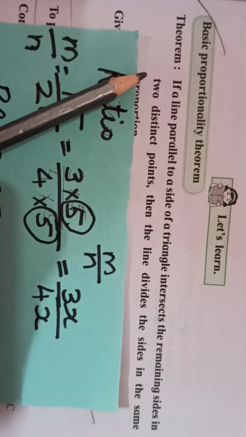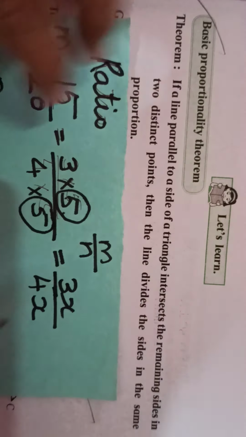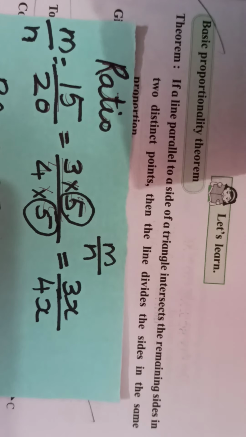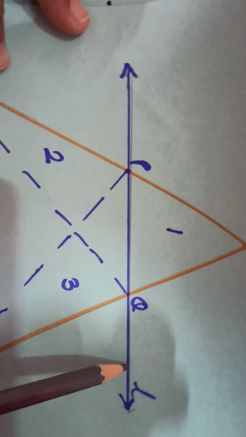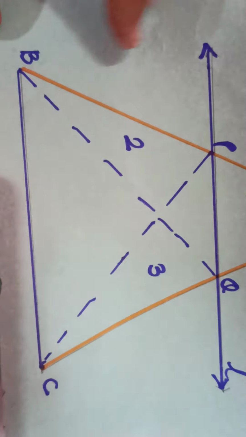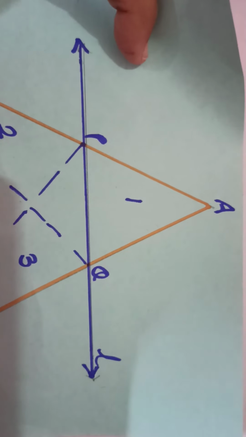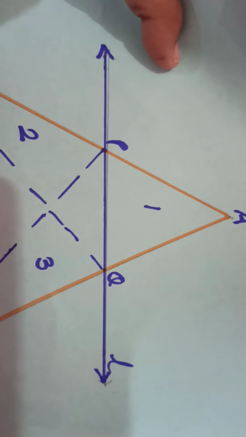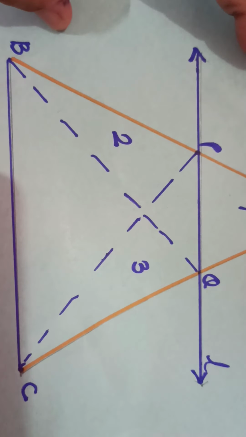Now, the theorem says: if a line parallel to a side of a triangle intersects the remaining sides... We have a triangle ABC, and in ABC, a line L is parallel to the side BC.